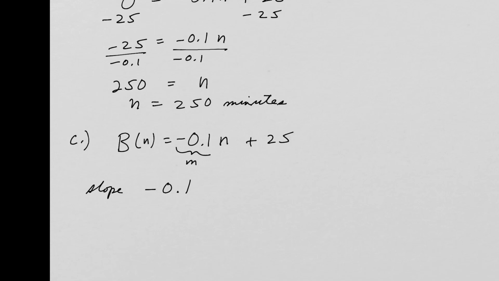And the units are dollars per minute, right? So every minute he talks, his balance is decreasing by $0.1, by 10 cents. So these units are dollars per minute. And since it's negative, we know that it's decreasing.